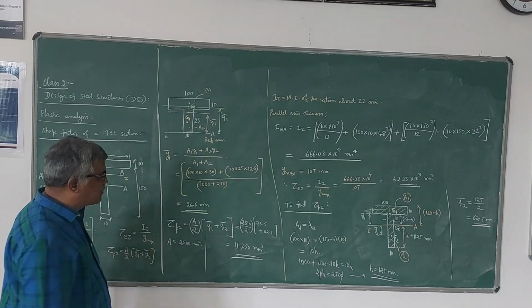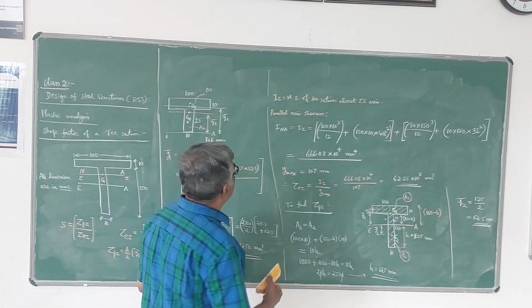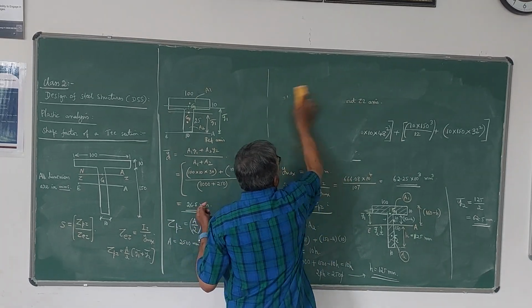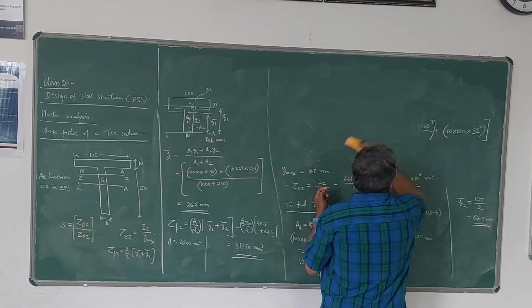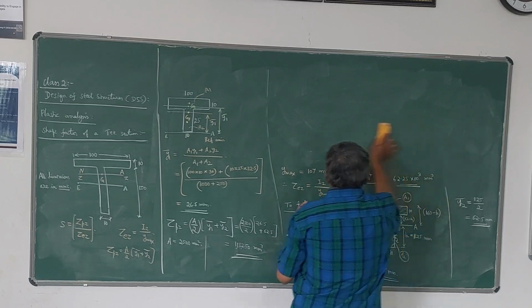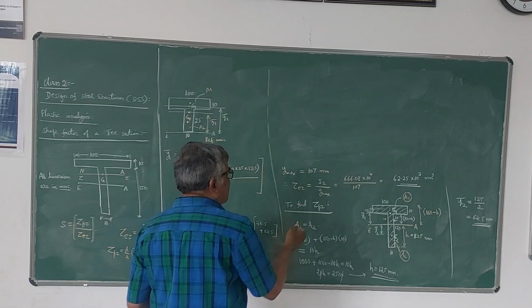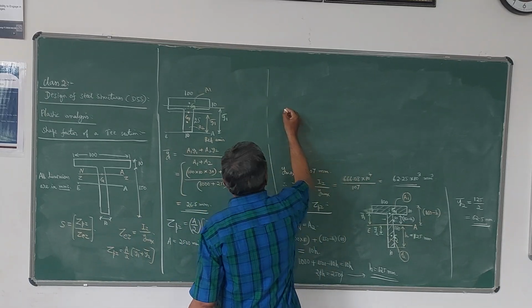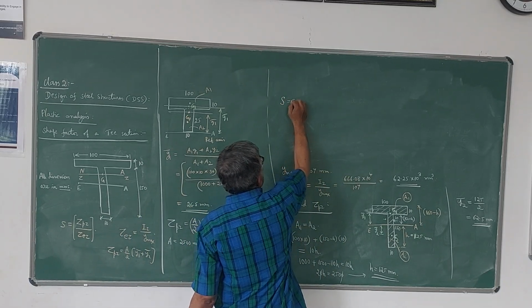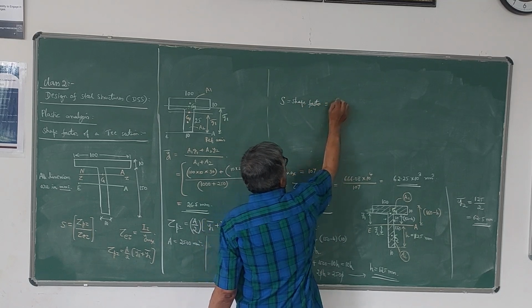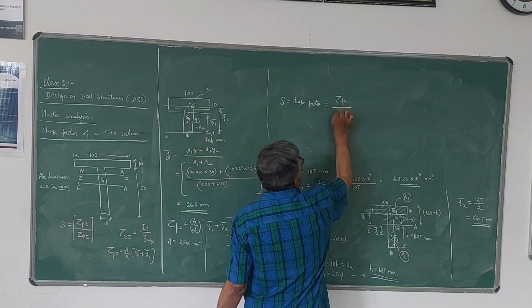After getting the ZPZ, now take the ratio of ZPZ to ZEZ. You will get the value of the shape factor. The shape factor is always greater than 1 because ZPZ is greater than ZEZ. We can see the values. So the shape factor S is equal to ZPZ divided by ZEZ.